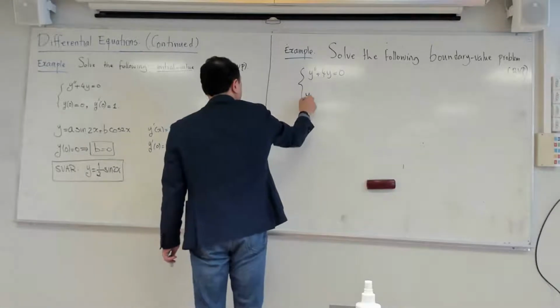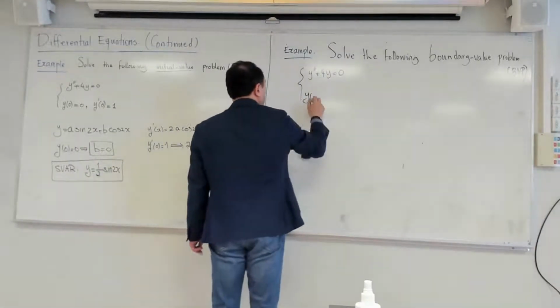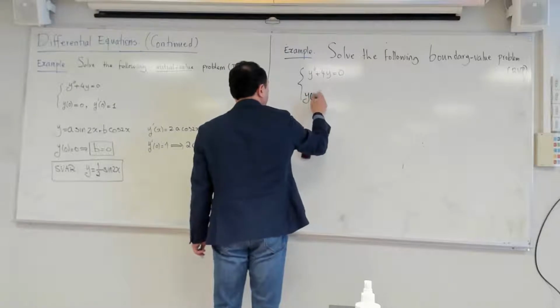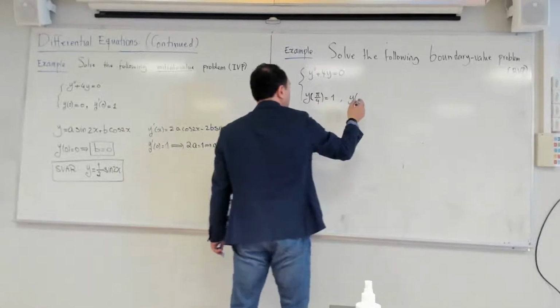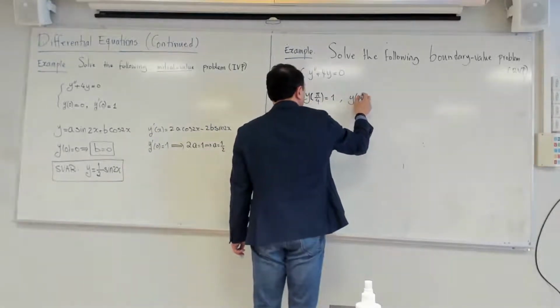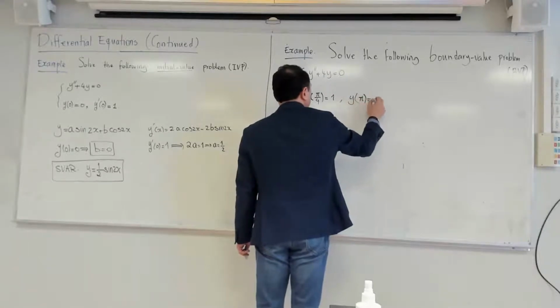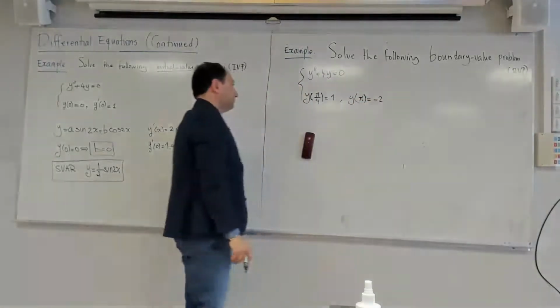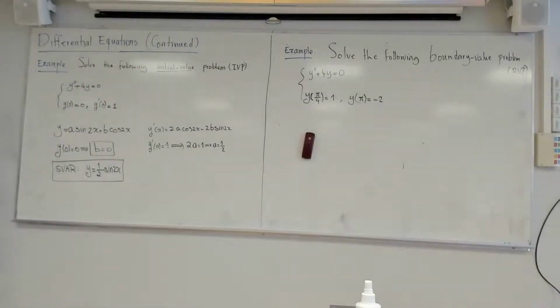Okay, so this time, instead of writing this, let me write it in this way. Say y of pi over 4 is equal to 1, and y of pi is equal to minus 2.